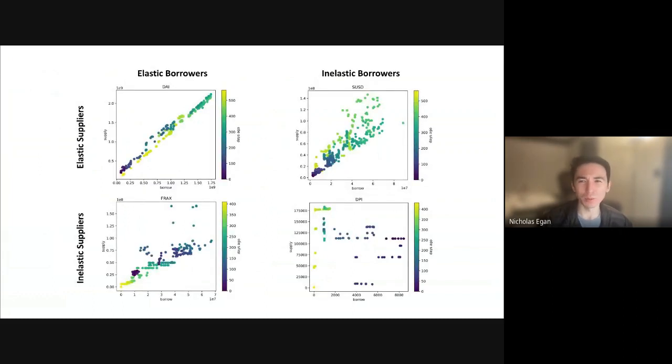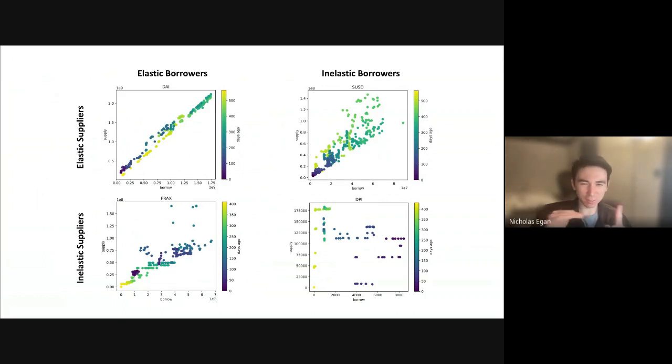Here are more examples of borrow versus supply scatter plots for 4 different assets in this case, which are divided into elastic versus inelastic borrowers and elastic versus inelastic suppliers. In the top left, we have DAI, which I previously explained seems to have both elastic borrowers and suppliers. On the bottom right, we have DPI.